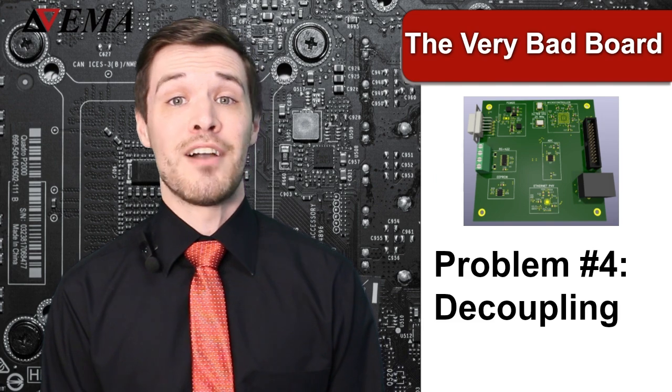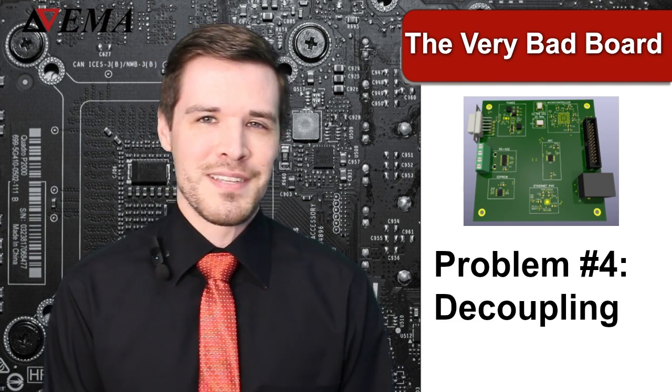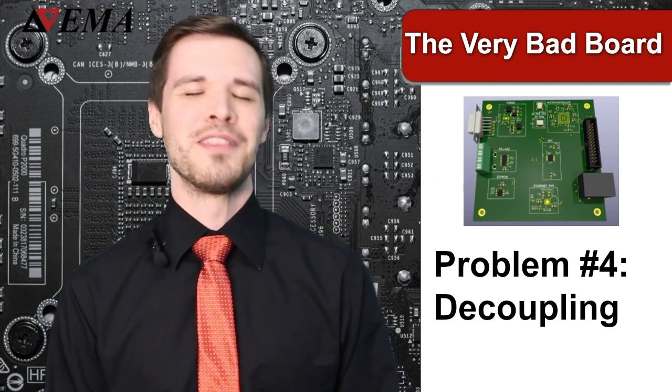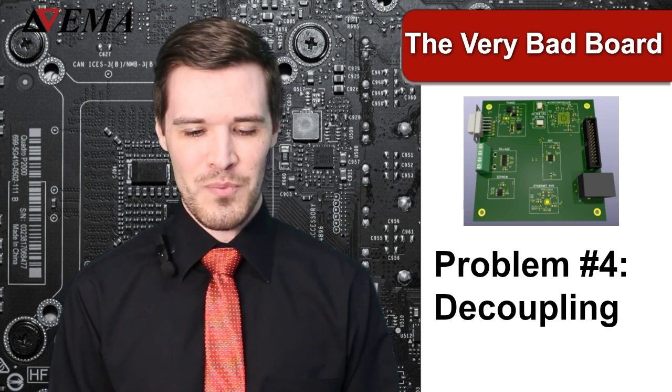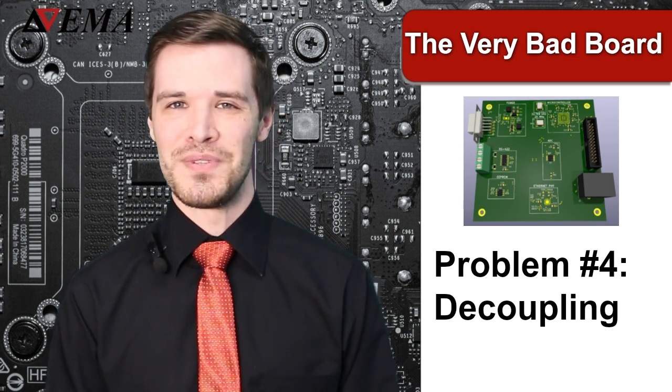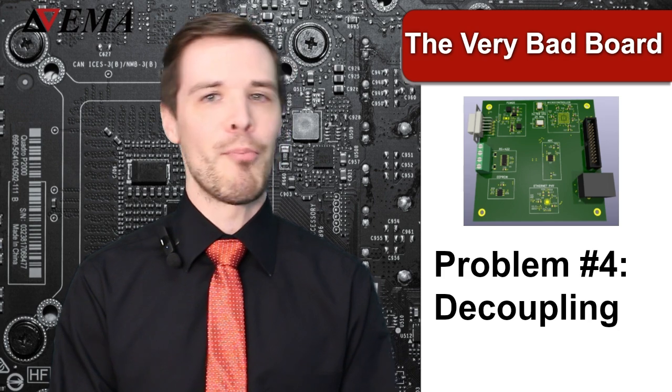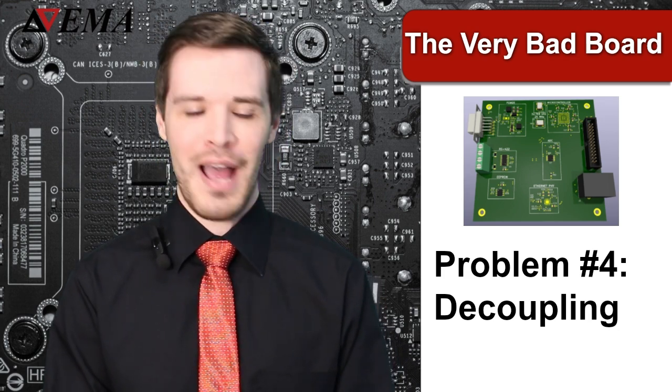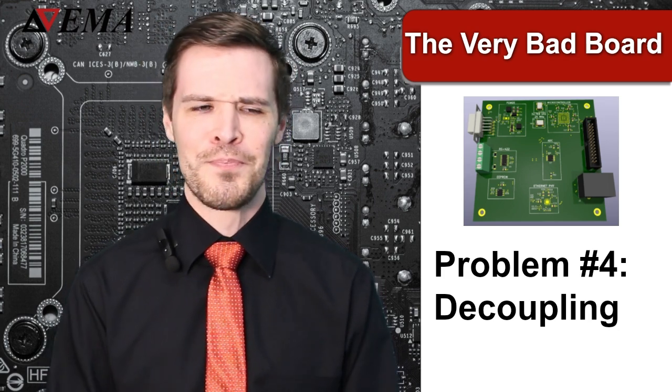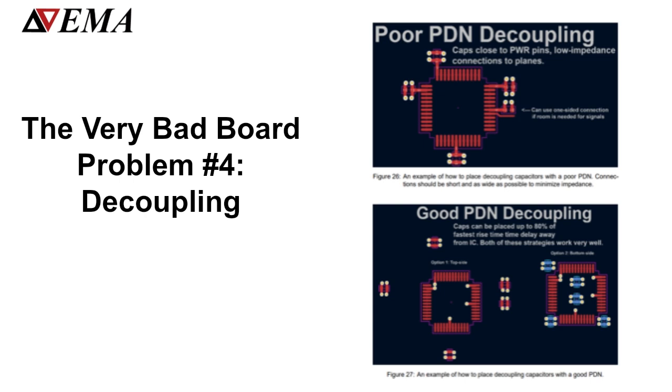The fourth is decoupling. I've noticed that decoupling is a topic that is so commonly misunderstood that we designers tend to just use rules, like place a 1 microfarad and a 0.1 microfarad in parallel on each power pin, or something similar. These rules may appear to work in the design, but it's not guaranteed that it's always going to work.